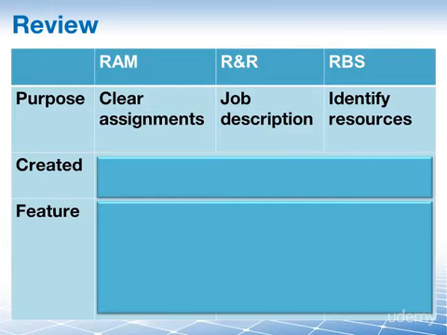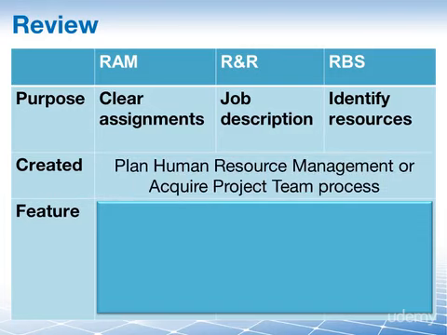And the resource breakdown structure identifies the available resources on your project by type or category. In terms of creation, they are created in either the Plan Human Resource Management or the Acquire Project Team process.